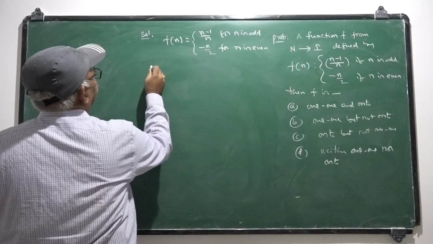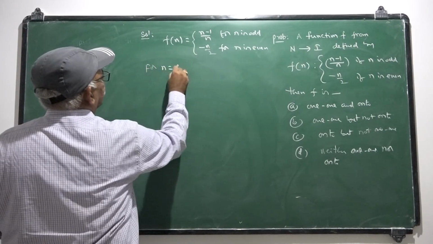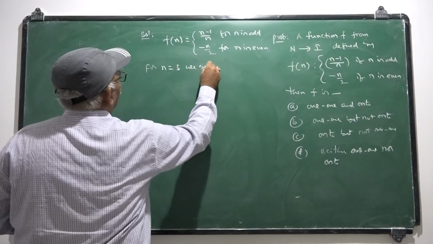So let us take n equal to 3, we get f of 3.